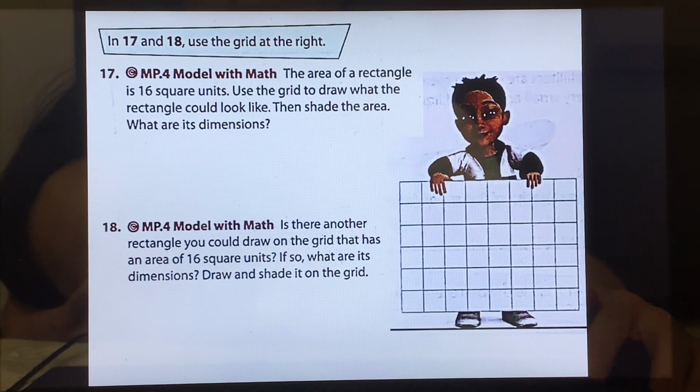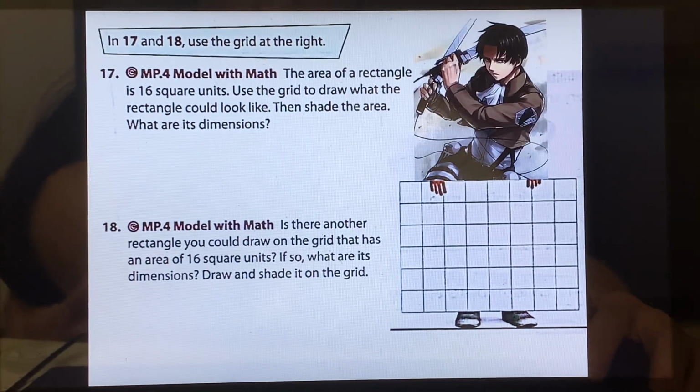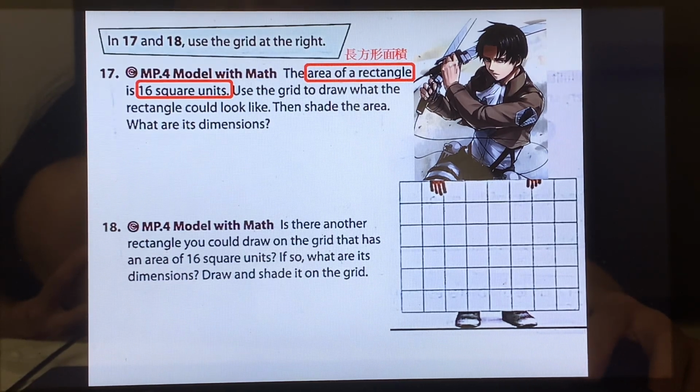In 17 and 18, use the grid at the right. 请你使用右边的格线。17. The area of the rectangle is 16 square units. Use the grid to draw what the rectangle could look like. Then shade the area.